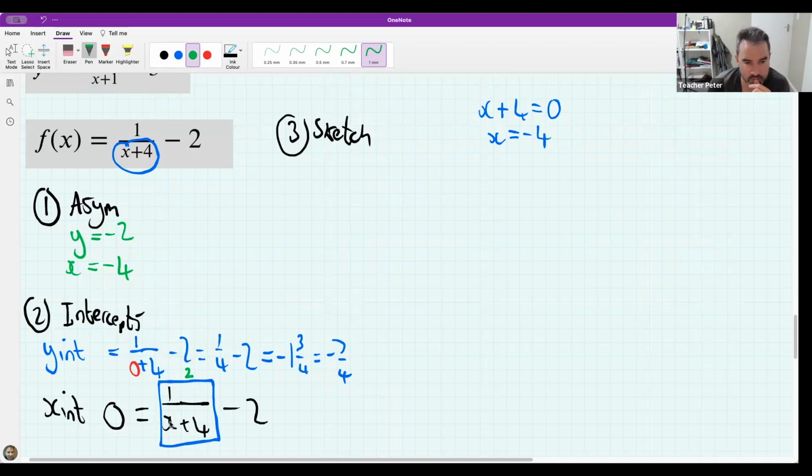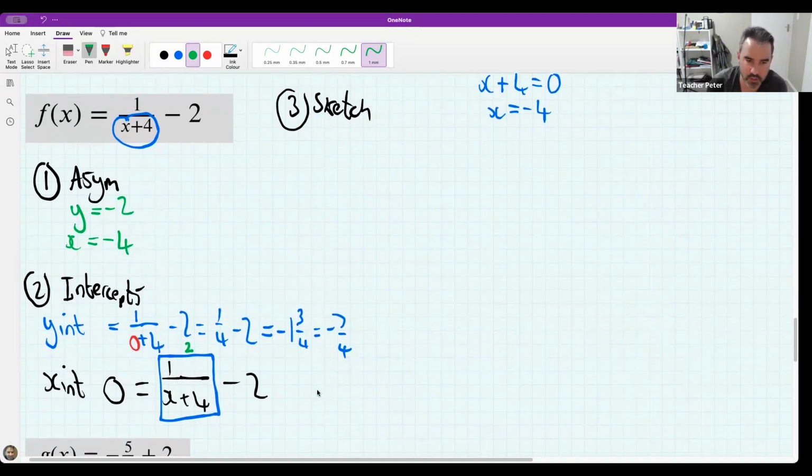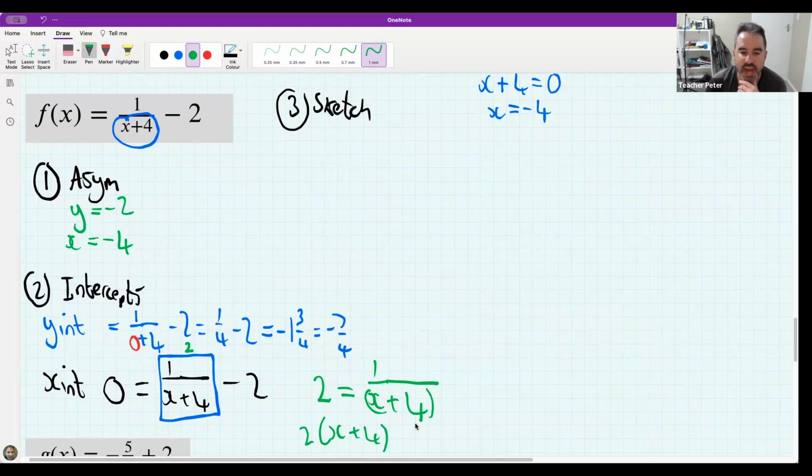Well, this is a little bit harder, so maybe I should do the longer way. It's not obvious to me right now how I would do that. So what I'm going to do is a bit more working, and I'm going to move the 2 to the other side. Okay, now I'm going to keep this thing as a bracket, and I'm going to get that.